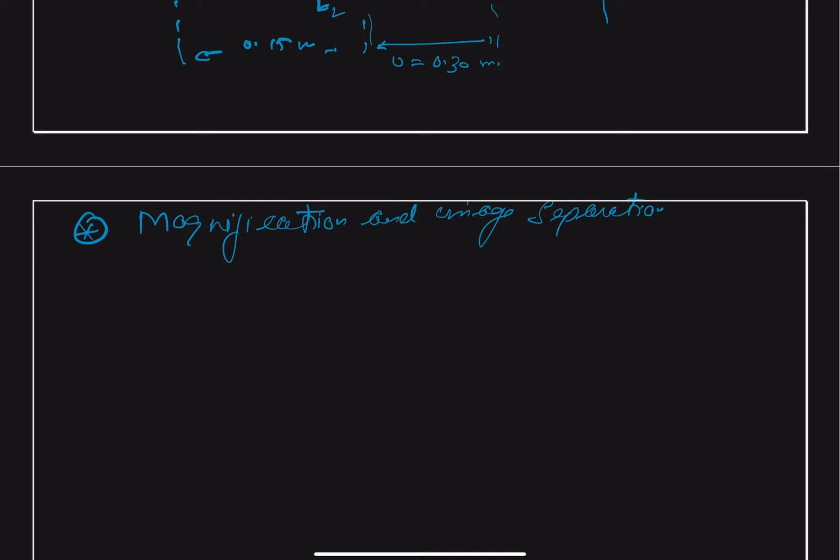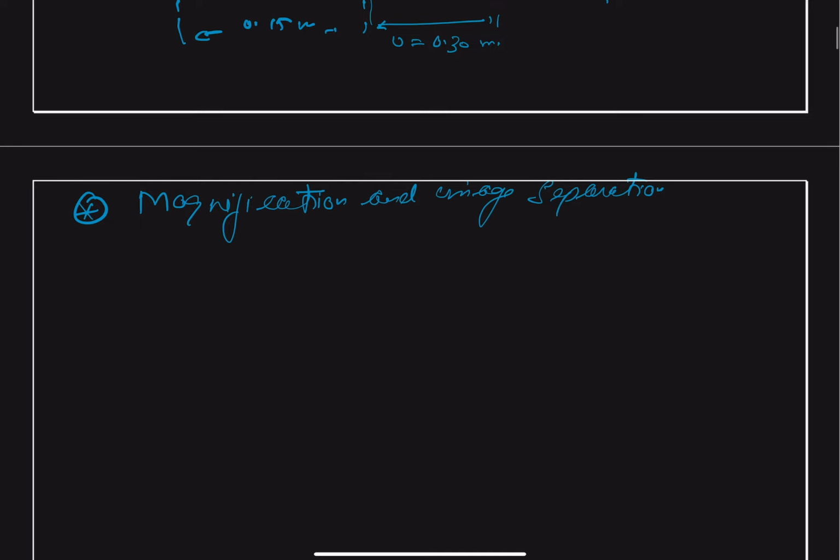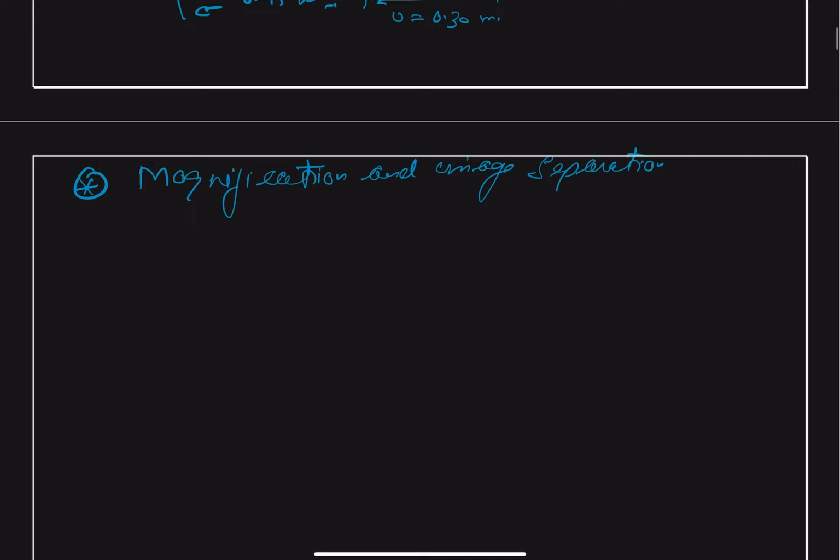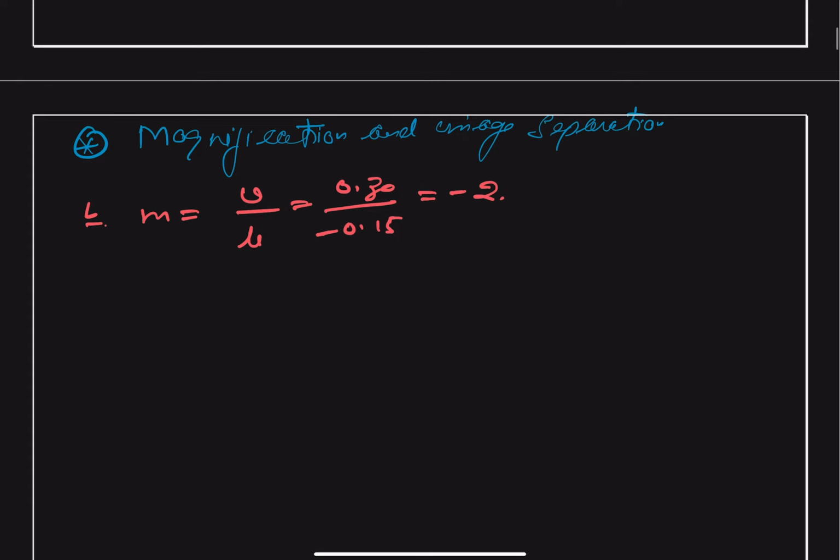That is our image separation. And for magnification we can use the formula directly. Magnification M is equal to image distance divided by the object distance, that is 0.3 over minus 0.15, and this comes as minus 2. So it means the image will be inverted because of the negative sign, and its size will be twice that of the object.